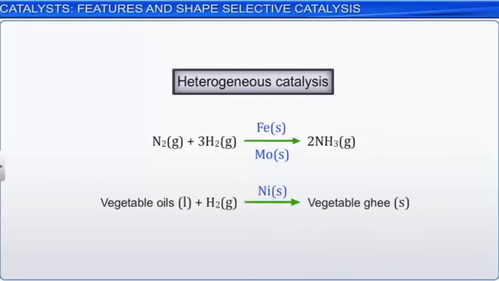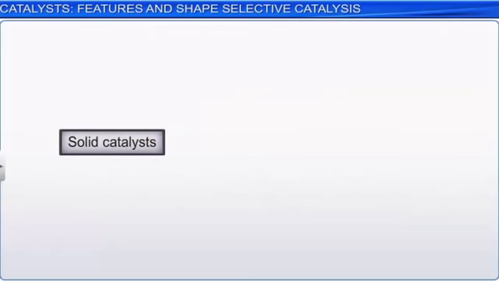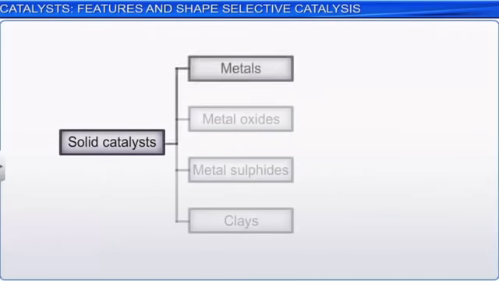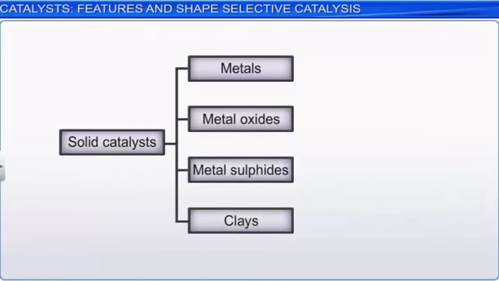From the earlier discussions, you are already aware that most heterogeneous catalysts are solids and that they act on the substrates in liquid or gaseous reaction mixtures. These solid catalysts may be metals, metal oxides, metal sulfides, or clays. They may be used in their pure form or in the form of their mixtures.